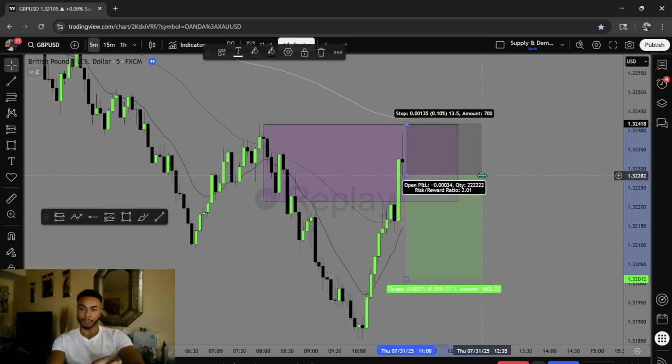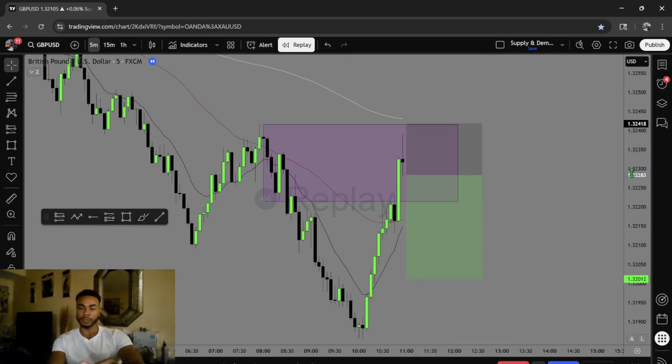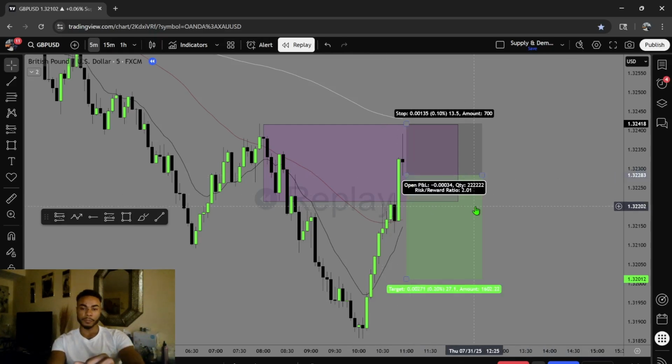But since I didn't see any other clean supply demand setups on the other pairs that I usually trade, I switched to this one, and it turned out price action was looking very clean and neat, and had a potential opportunity for my strategy to play out and make some money for the day.